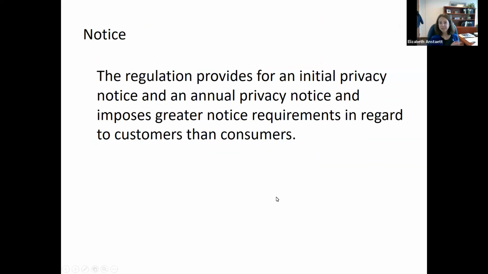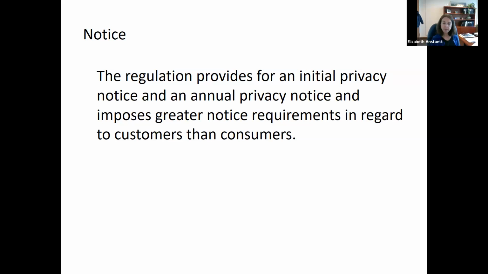And then, like so many privacy laws, it's a notice requirement. And it provides for an initial notice and an annual notice. And it also groups individuals dealing with banks into customers and consumers. Customers have an ongoing relationship, such as a loan or a deposit account, and consumers have brief interactions, such as an ATM or a check cashing transaction.